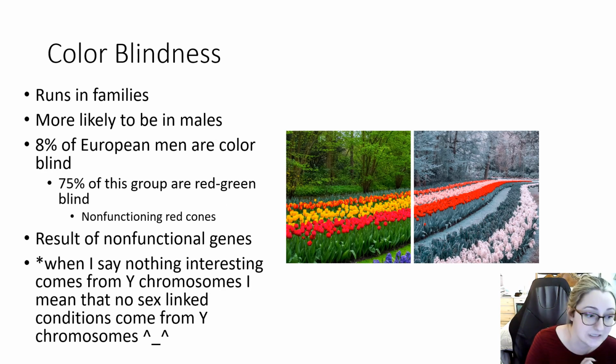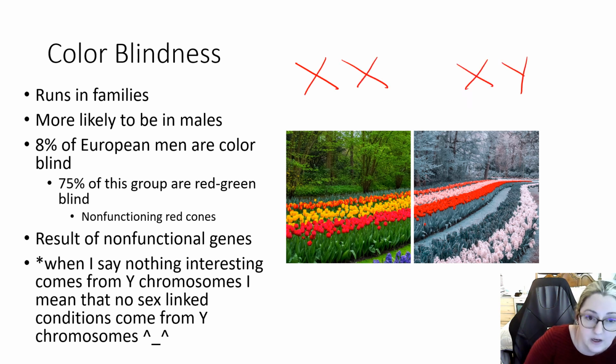Last but not least, let's talk about colorblindness very briefly. This is a recessive trait that can run in families. It is more likely to be passed on in males because it is a sex-linked trait, meaning that from the father, boys are going to get a Y chromosome, and from mom, you can get one of the X's.